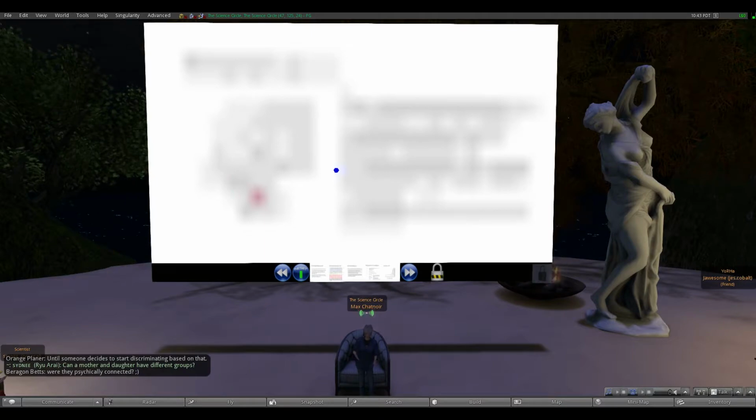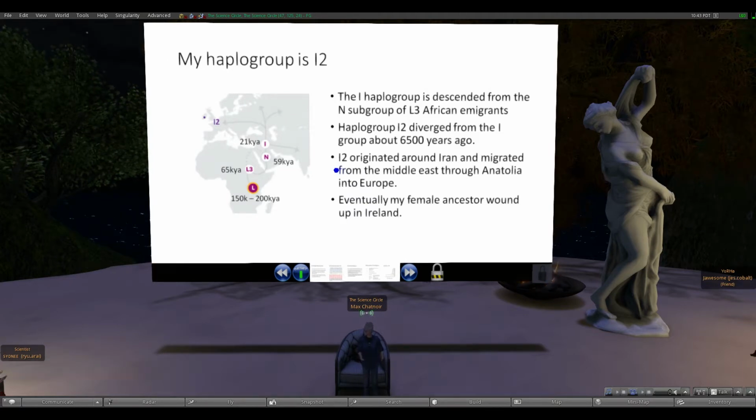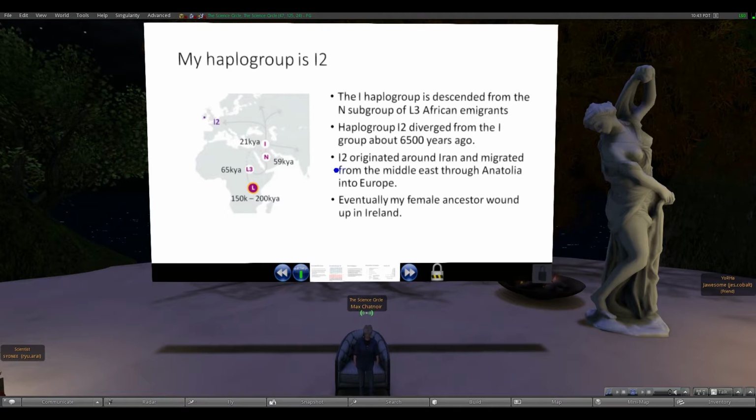Oh, this is my haplogroup. My haplogroup is I2, and the I haplogroup is a subgroup of N. And the I haplogroup appeared about 21,000 years ago. It's actually a very minor haplogroup. There aren't that many people. And if my family's reproductive patterns are any indication, I can see why there are so few of us.